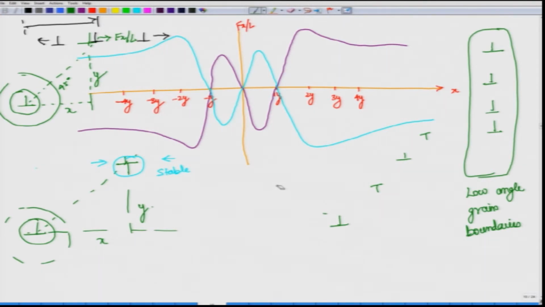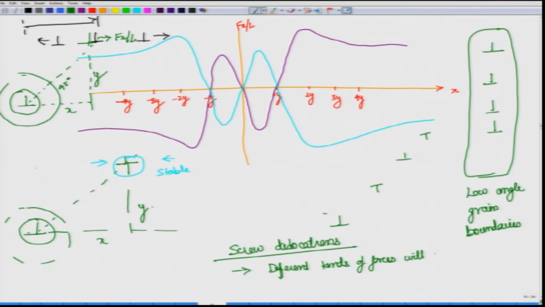Sorry, I take that back. When you are talking about screw dislocations, there are different kinds of forces, and that is something we can practice as one of the example problems later on.